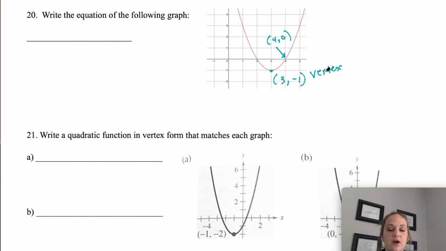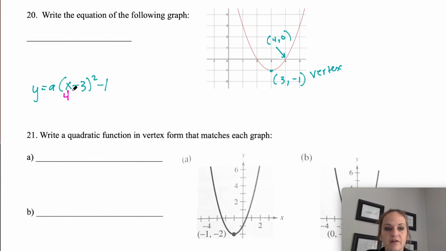So if that's our vertex, then we know it's going to be y equals a times (x minus the x value of our vertex) squared plus the y value. Now we need to check to see if a is 1 or if it actually got stretched or compressed. So we're going to plug 4 and 0 into our x and y.